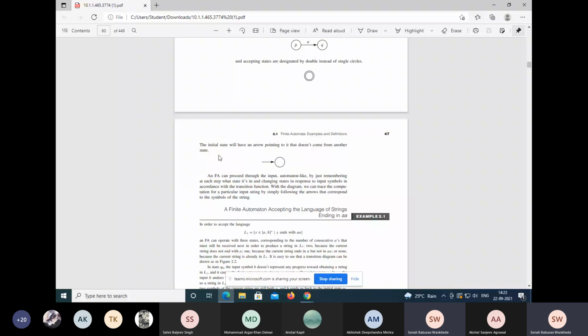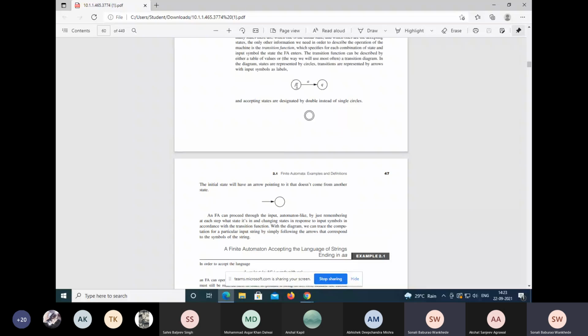The initial state will have an arrow pointing to it that does not come from another state. Suppose for example here P is my initial state, and Q is my final state, with the value A. Transition is basically the direction.